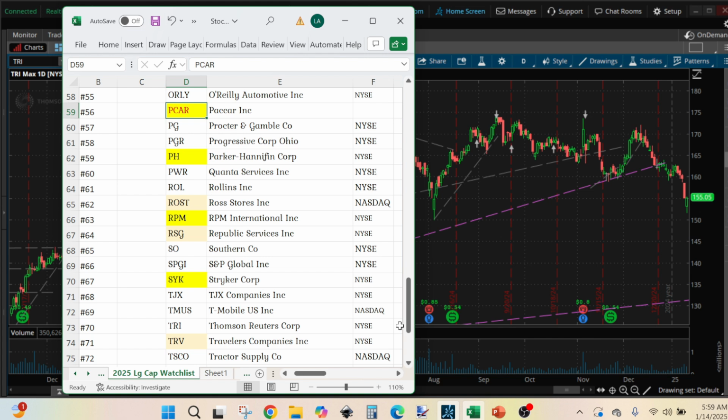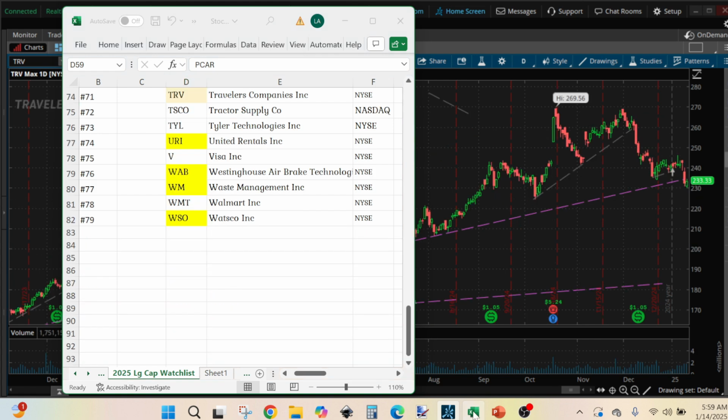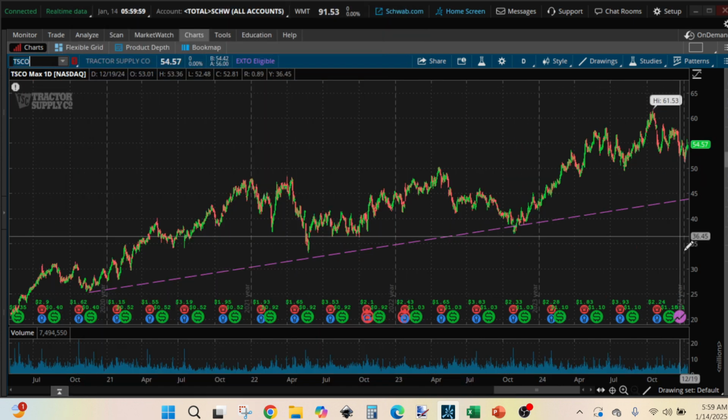So we'll see what it's going to be doing there. The next one is TSCO. So TSCO is still up. We like to buy at this trend line. It's following a trend line there, making a higher low there.